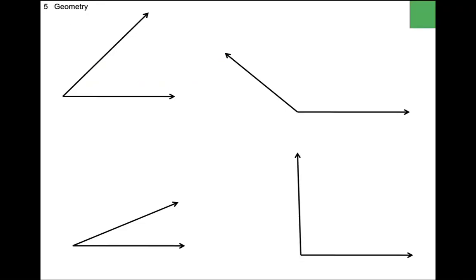Okay, by observation, let's classify these angles by their angle type. Upper left is an acute. Lower right is also acute. Upper right, I said lower right, I meant upper left, lower left. There we go. Upper right is obtuse, and the lower right one, it's not drawn perfectly.